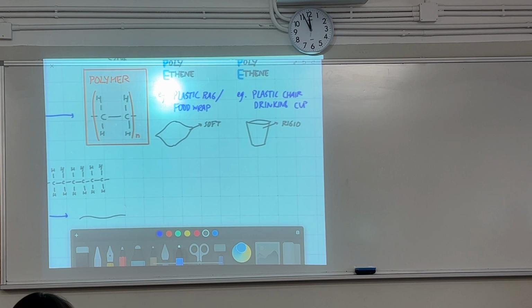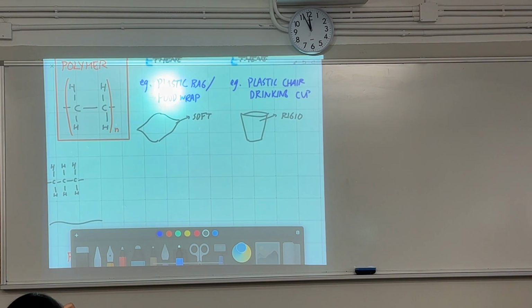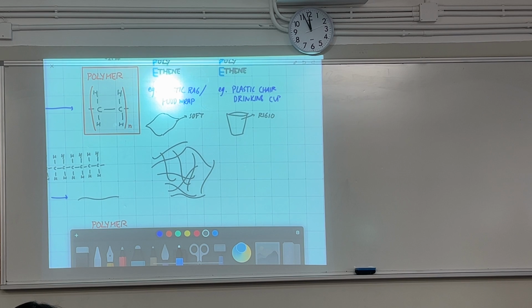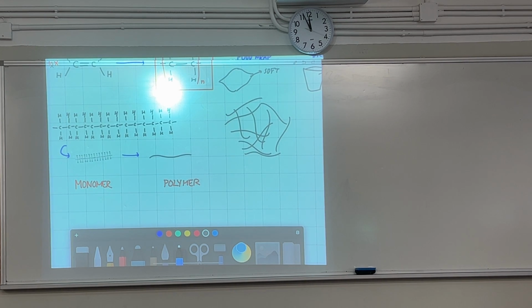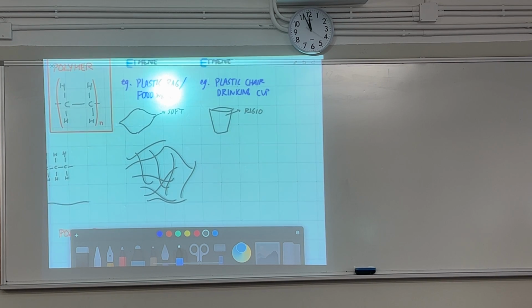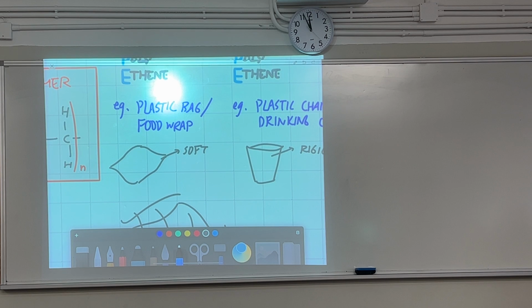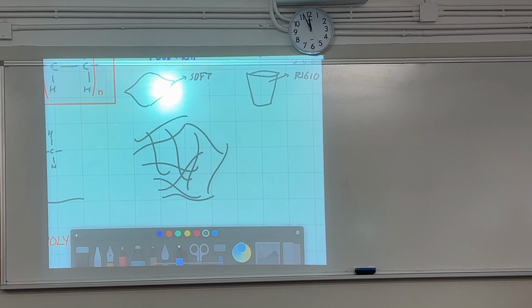When we look at the polymer fibers in a plastic bag, we find that these fibers are in a mess. They do not line up in a very ordered way. It's highly disordered. It's because these chains of polymer are not lining up straight next to one another. This is why they are pretty soft. As a structure you see, it's not really an organized structure.